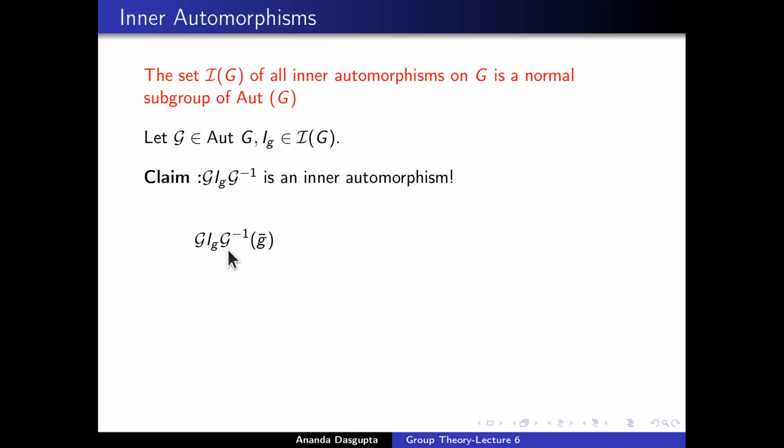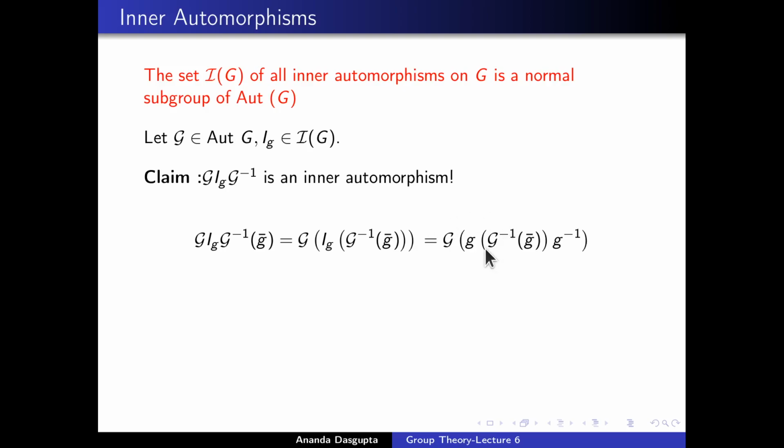Here, of course, each one of these is a map, and so the product of these maps is basically composition. So it's really curly G acting last on I small g acting on curly G inverse G bar. That's all there is. Now, I small g acting on curly G inverse G bar is really small g, curly G inverse G bar, times small g inverse. Now, curly G gets to act on this whole thing.